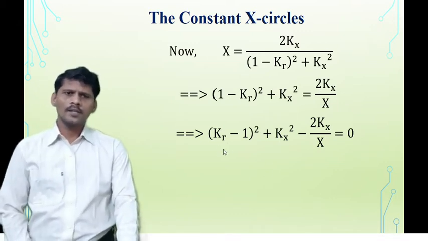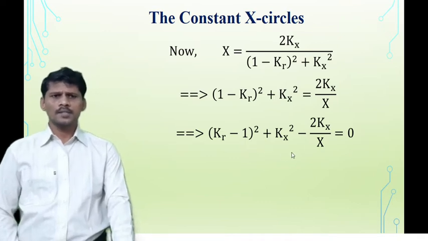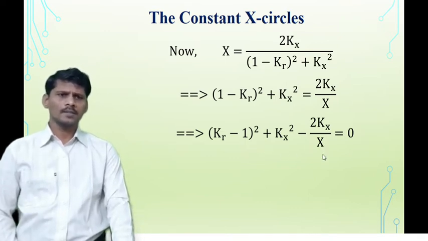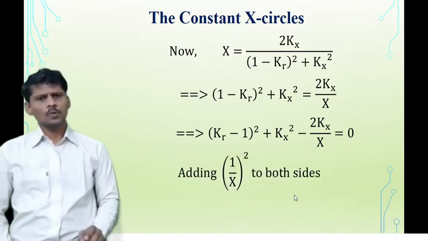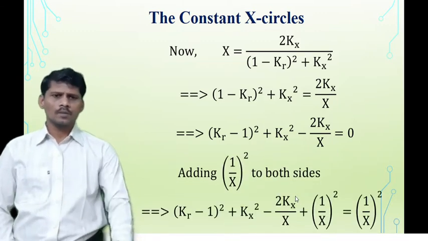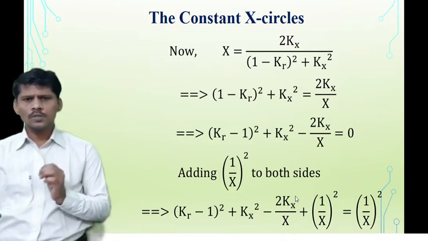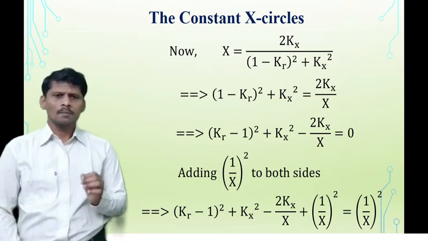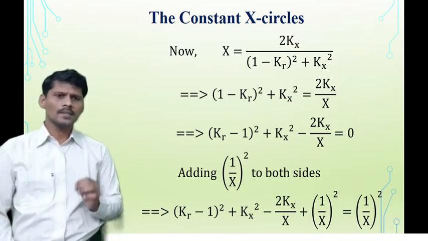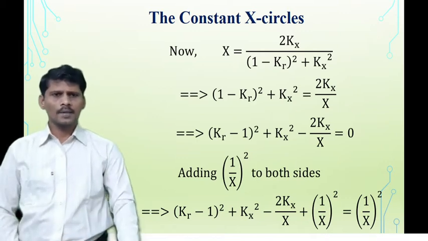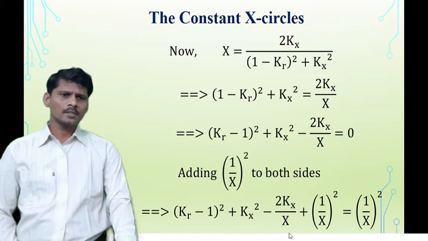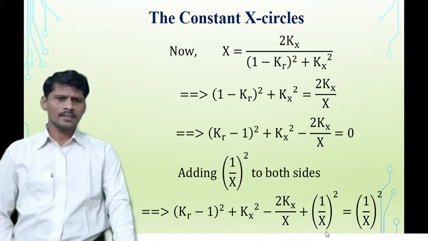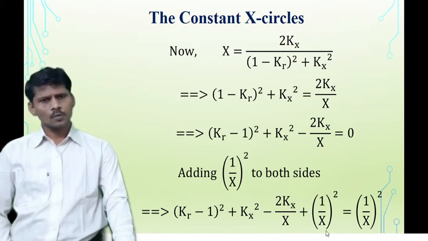We have kr minus 1 whole square plus kx square minus 2kx by x is equal to 0. Adding 1 by x square on both sides, we get kr minus 1 whole square plus kx square minus 2kx by x plus 1 by x square is equal to 1 by x square. Now kx square minus 2kx by x plus 1 by x square is written as kx minus 1 by x whole square.